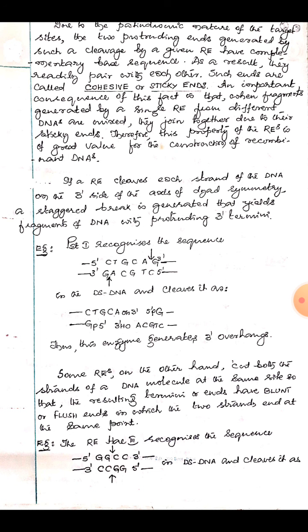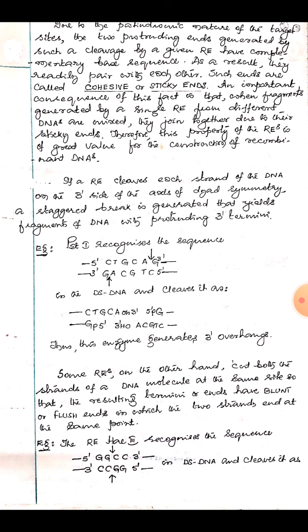So the nature of staggered ends produced are exactly the same, and when you mix these two from different DNA sources, they readily join together because they would have produced cohesive ends or sticky ends. Therefore, this property of restriction endonuclease is of great value for the construction of recombinant DNAs.